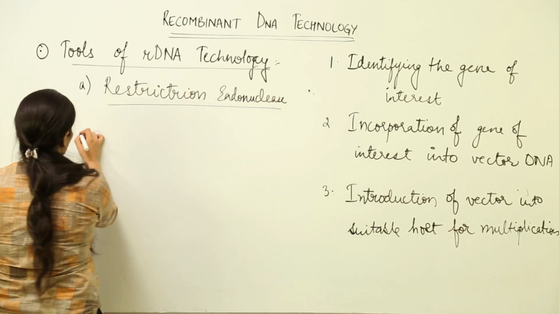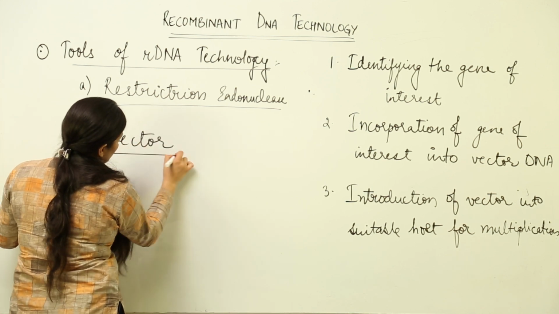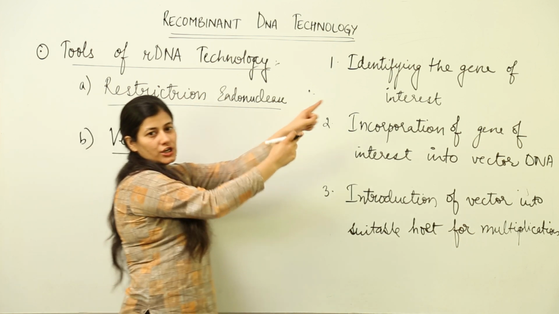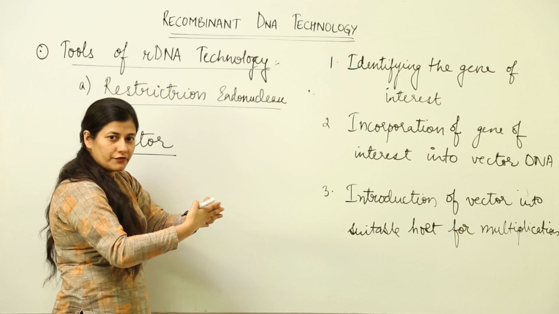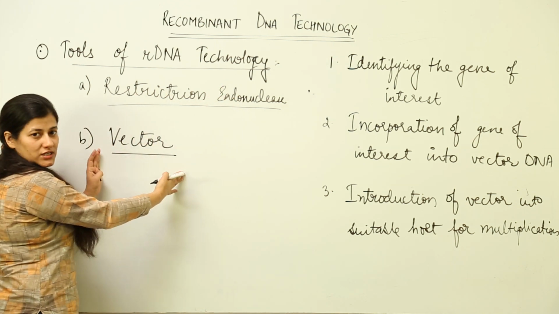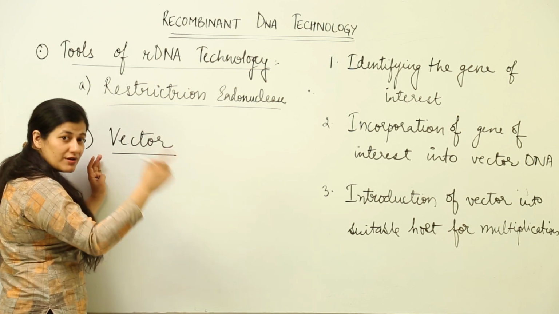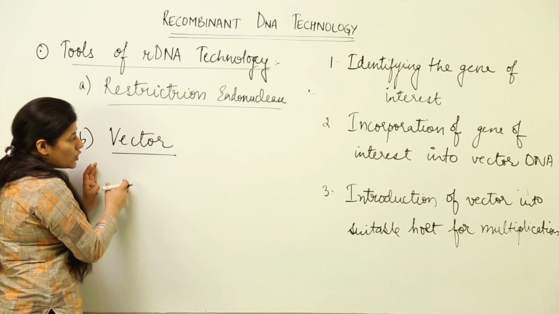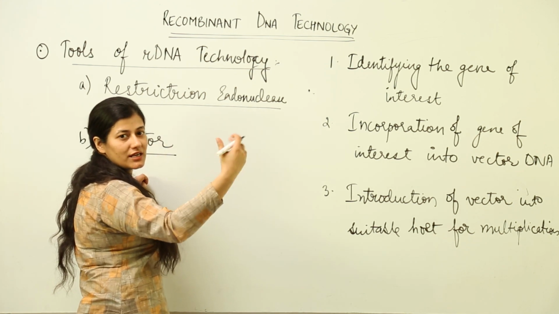So, the second tool is vector, which will incorporate the gene of interest in itself. Okay. Just join that gene of interest that has been cut from the organism into it, and then as the vector goes and infects an organism, it is going to infect the particular cell with a high dividing ability.